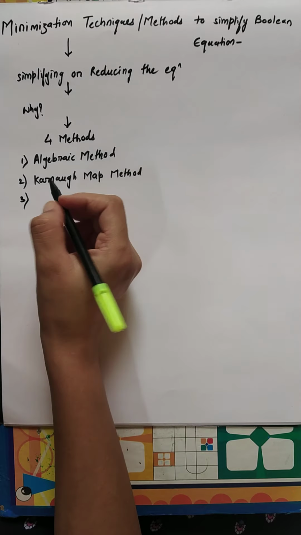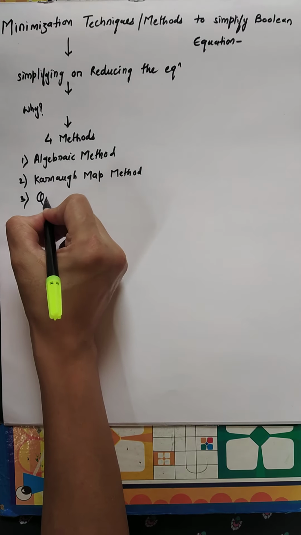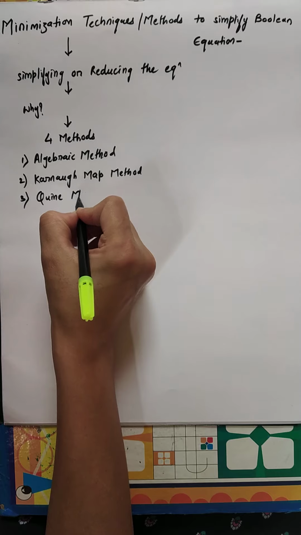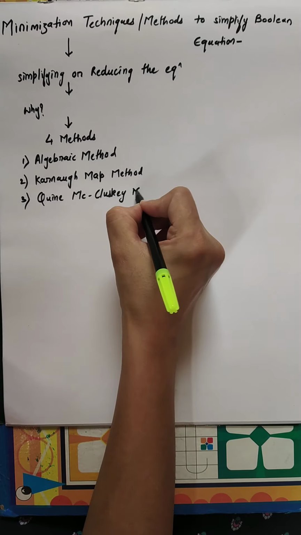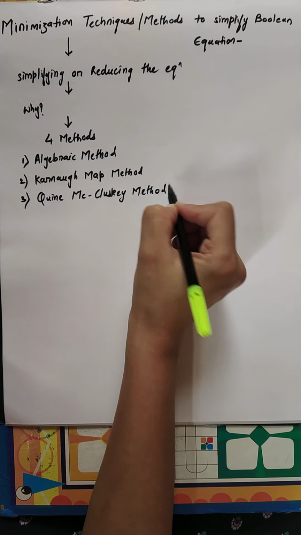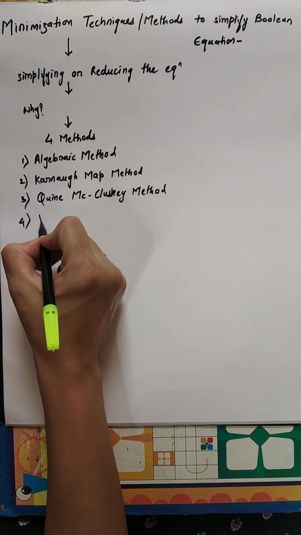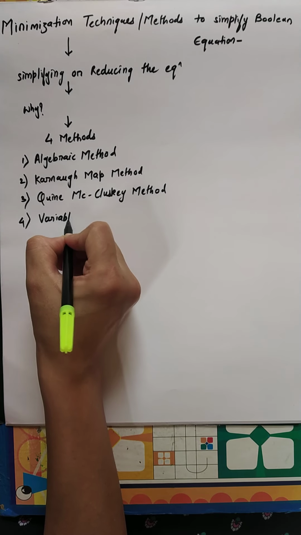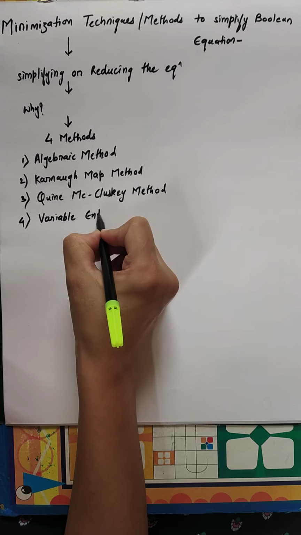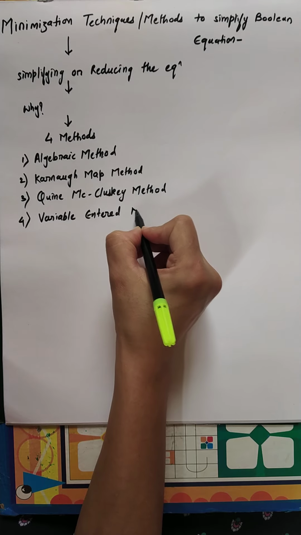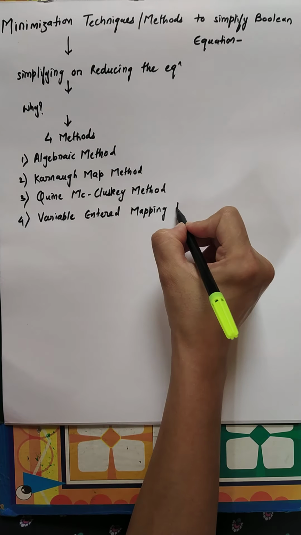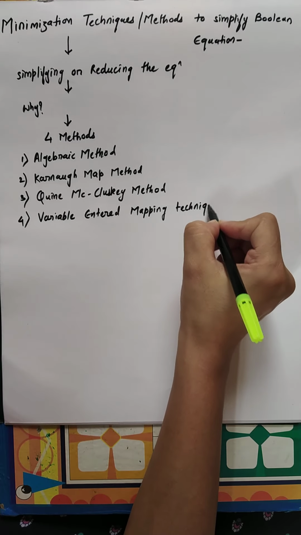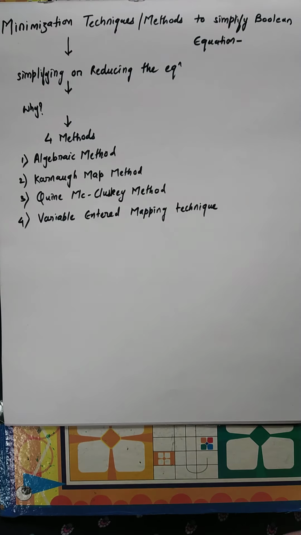Third is the Quine-McCluskey method. Fourth is the variable entered mapping technique. So these are the four methods which are used for simplifying Boolean equations.